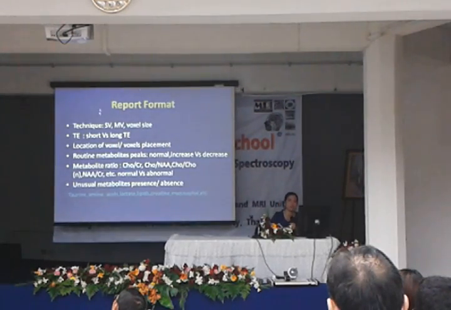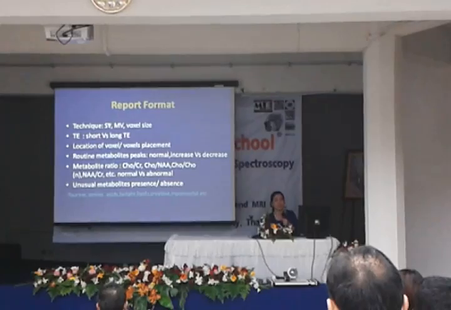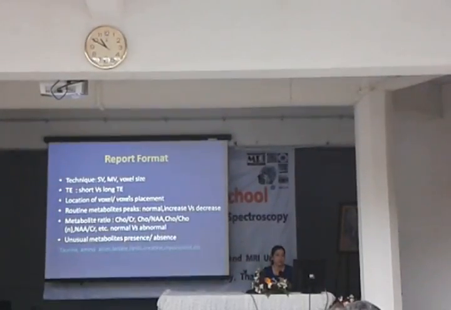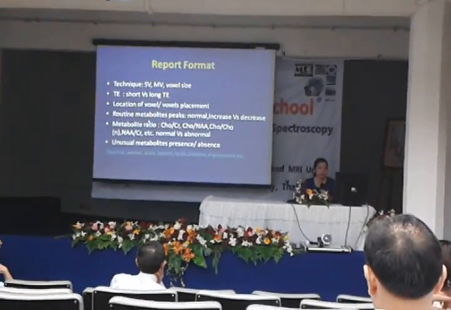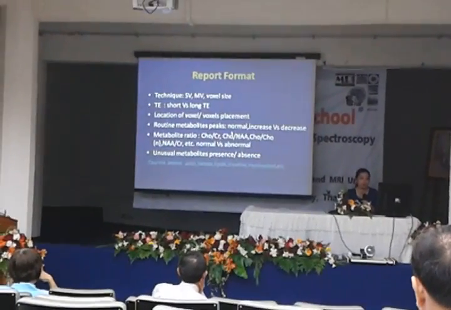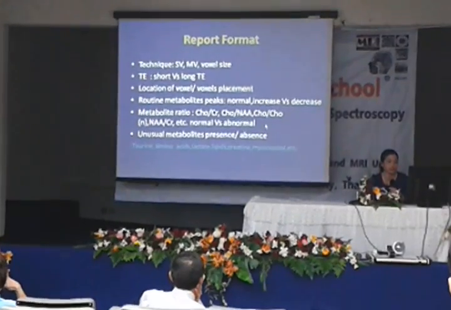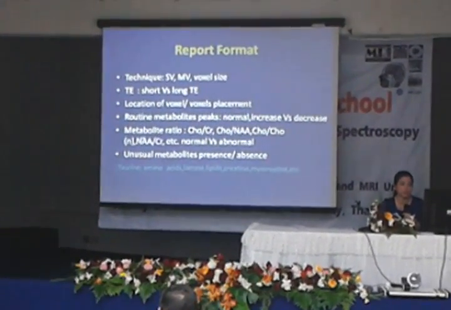For report format, radiologists have to mention the technique, the TE that we use, the location of the box cell that we place, and the routine metabolites that we found, normal or increased or decreased, and report the metabolite ratio.